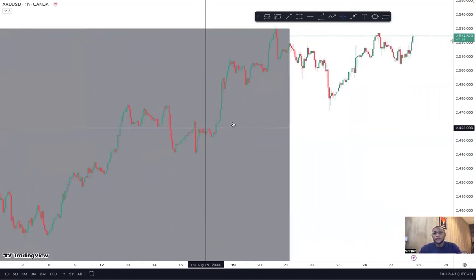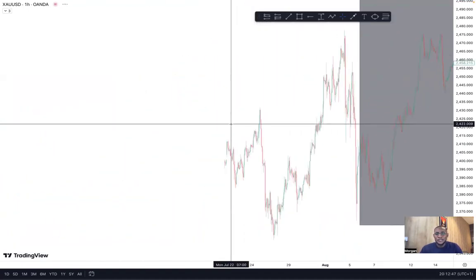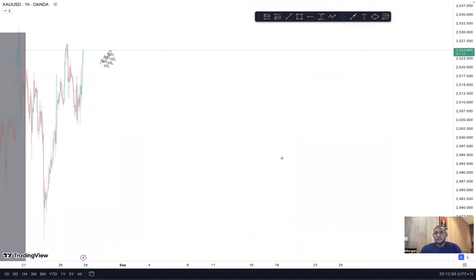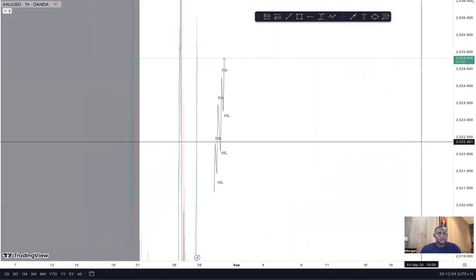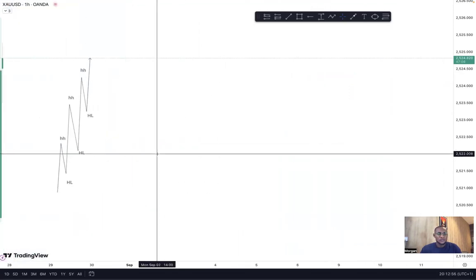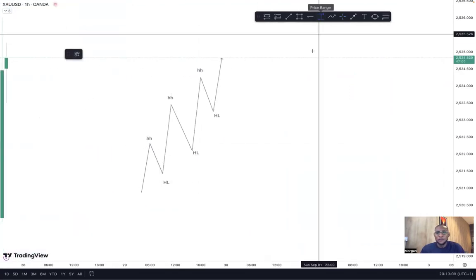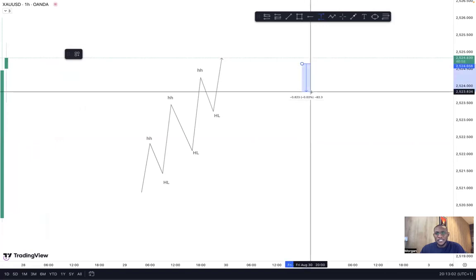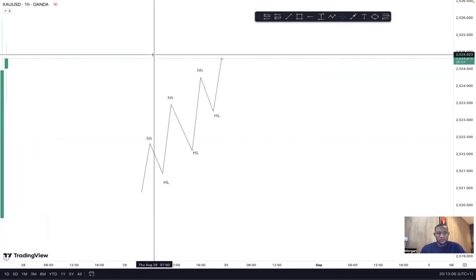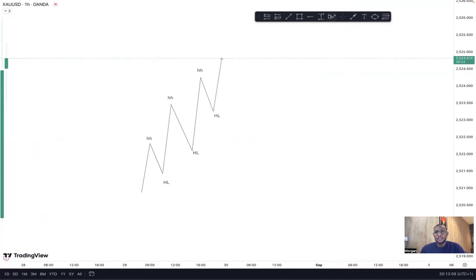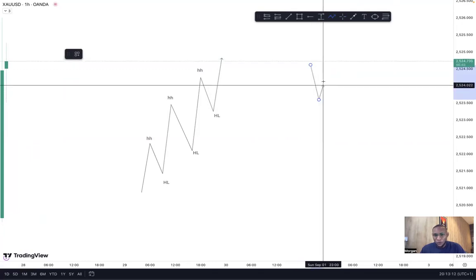So when price is trending downwards, that means price is in a downtrend. How do you know that price is in a downtrend? It's the complete opposite of what I just explained to you guys here. When price is in a downtrend, you're going to see price making patterns like this, making these lower lows.